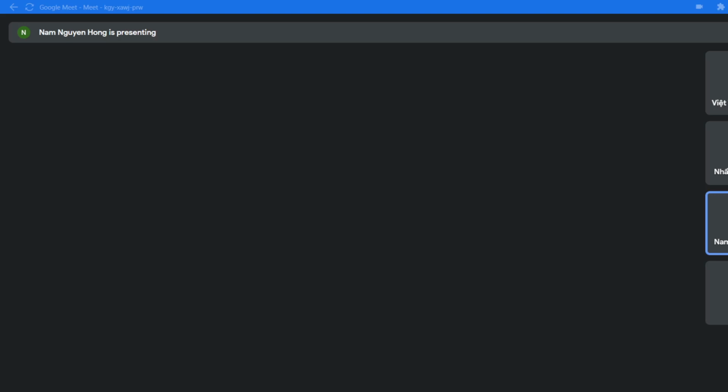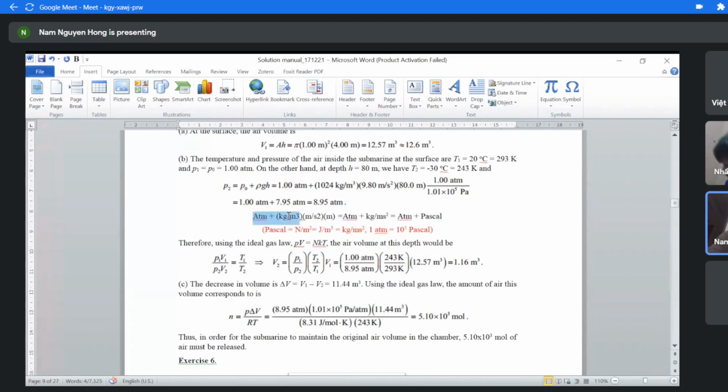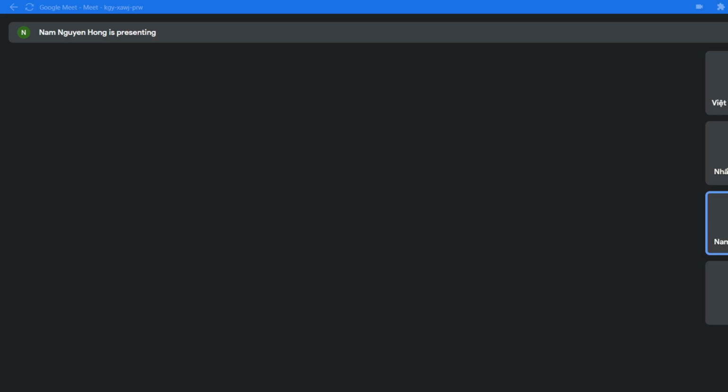I have the gravitational acceleration measured in meter per second squared, and here I have meters. If I consider only the dimension, here what I have is the atmosphere, and if we simplify this, what do we have? We have kilogram per meter per second squared, and this one is actually Pascal.